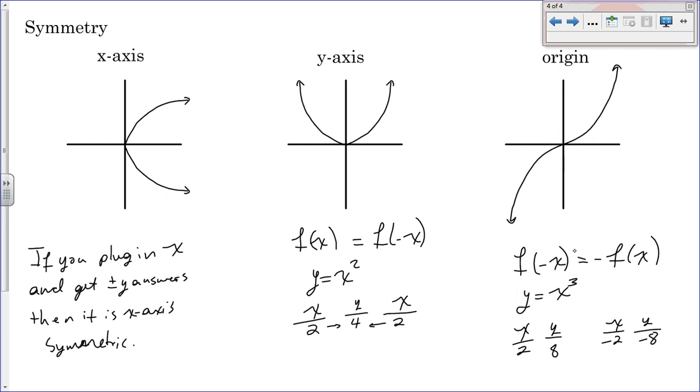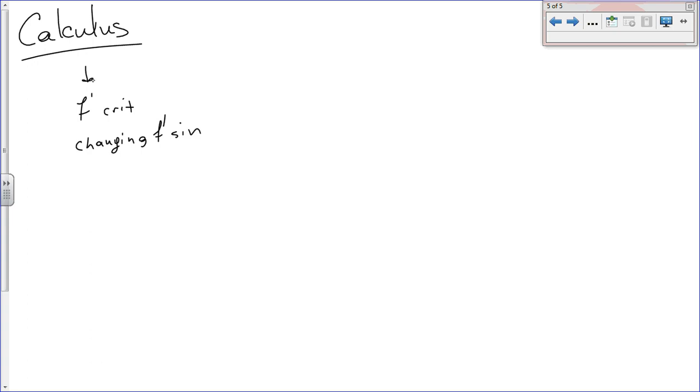Now, calculus also helps you graph some of these things. If you take f prime and you get your critical values, if f prime changes sign at the critical value, that's an extrema.